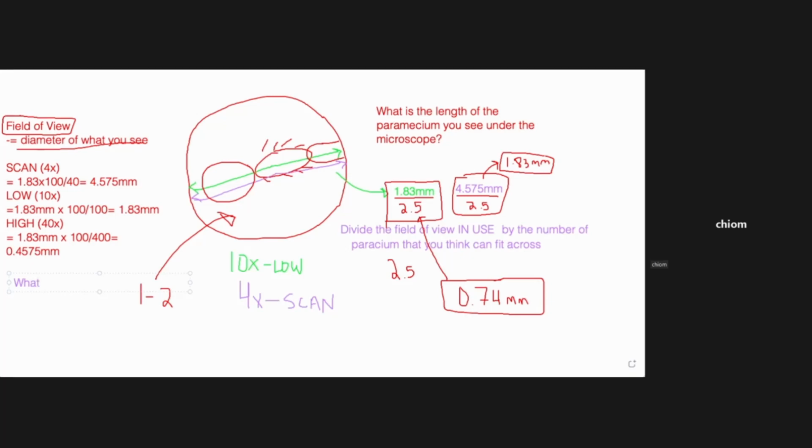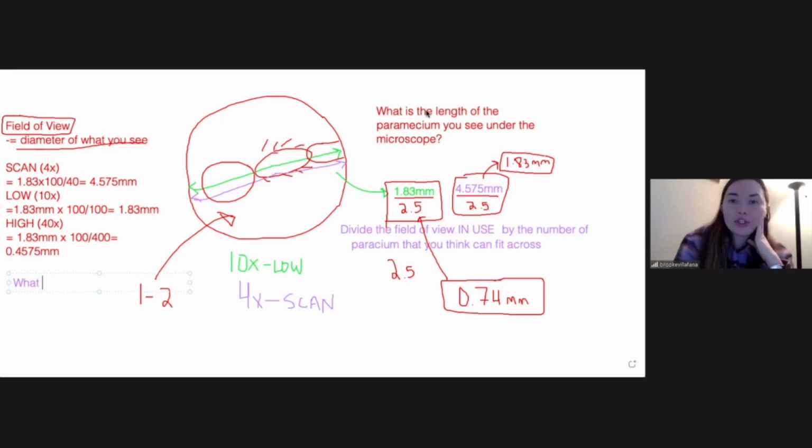Okay. Yeah. So I have a question. Number 5 and number 6 say approximate length and approximate width. How do you find the length and the width? So the length we just did, right? What is the length of the paramecium you see under the microscope? That's the one we just did.